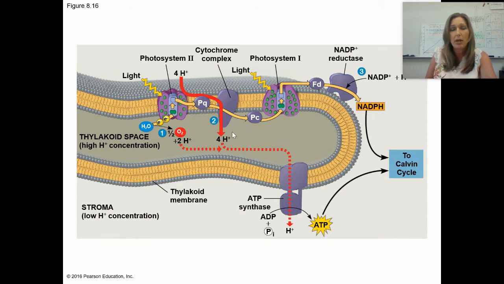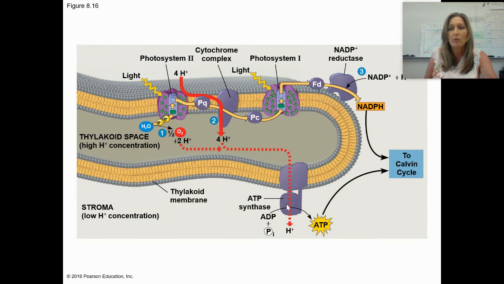Now my high proton concentration here, well, these protons want to move from high concentration to low concentration, just like any other molecule wants to diffuse. But I now have ATP synthase, this turbine that's going to, with a proton motive force, be phosphorylating ADP. As protons diffuse through it, it is phosphorylating and creating ATP.